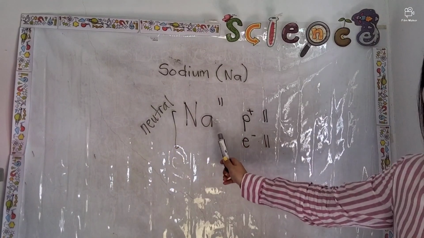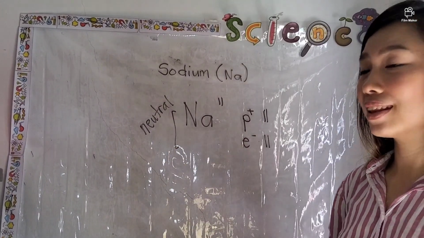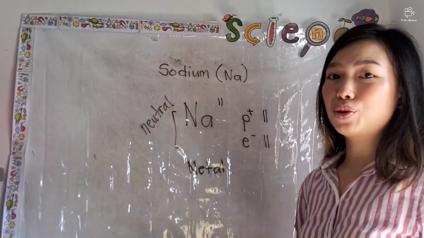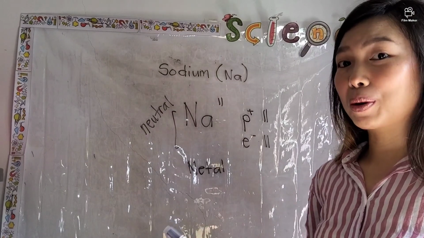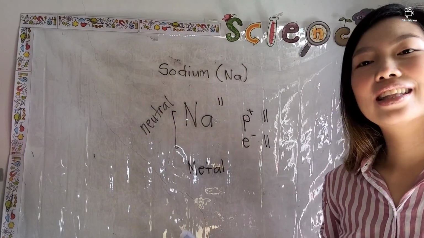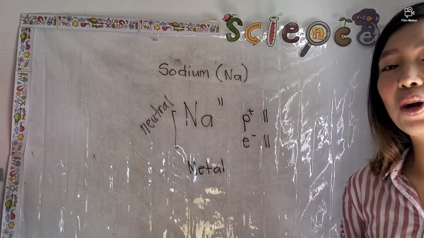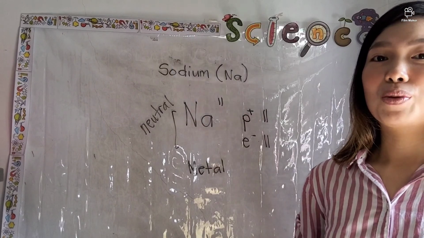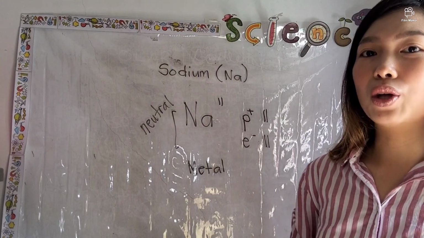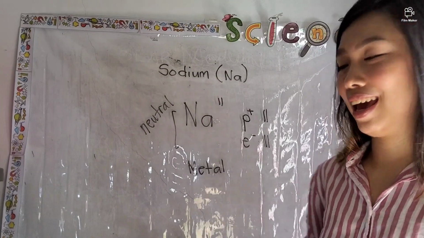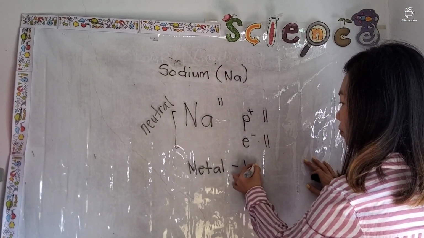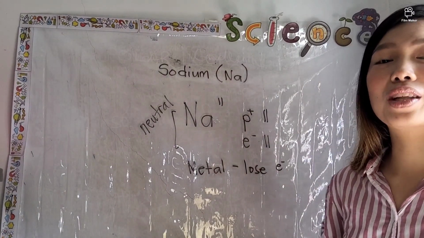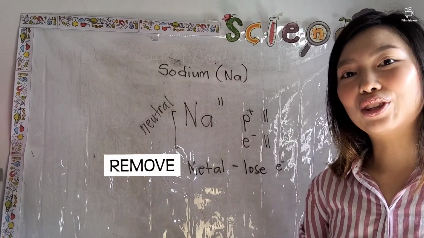Since ang sodium natin ay matatagpuan sa metals, ang isang sodium ay kasama sa grupo ng metals at isa siyang klase ng element na metal. Ano bang ginagawa ng ating metal? Is it gaining or losing? So, metals, tatandaan natin, those are the one that lose electron. When we say lose electron, sila yung nagre-remove ng electrons.